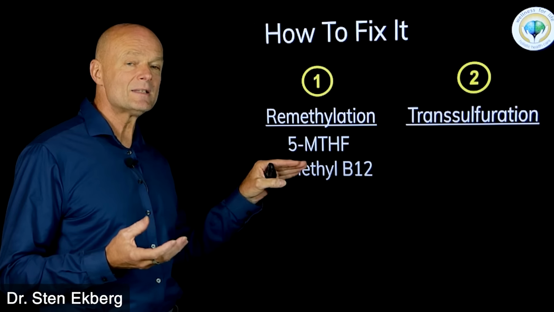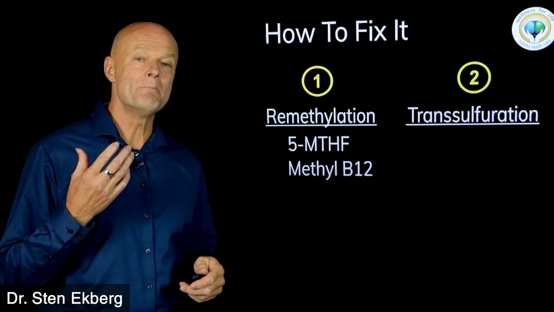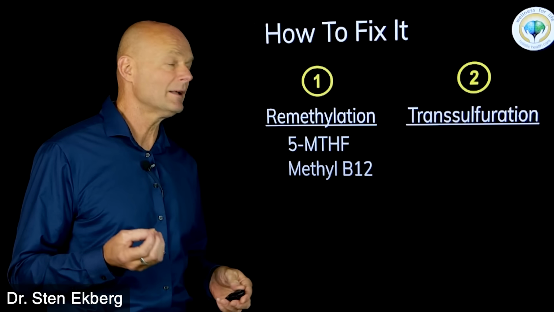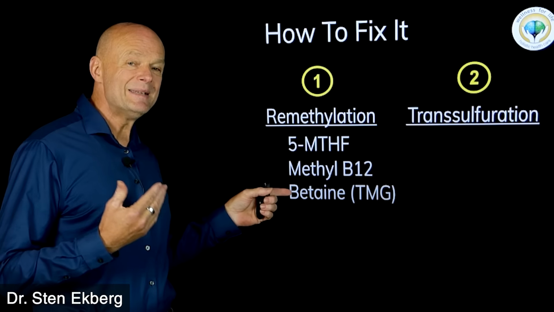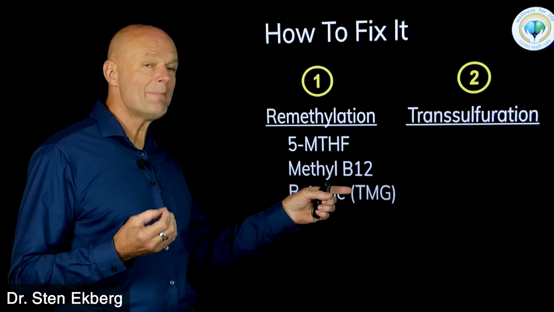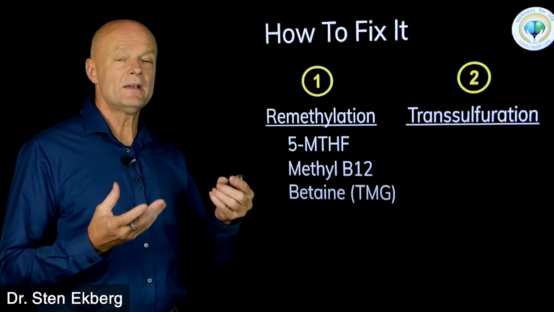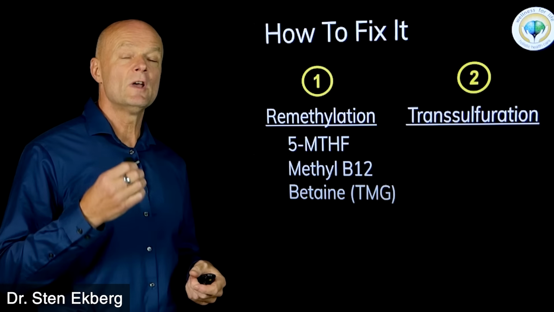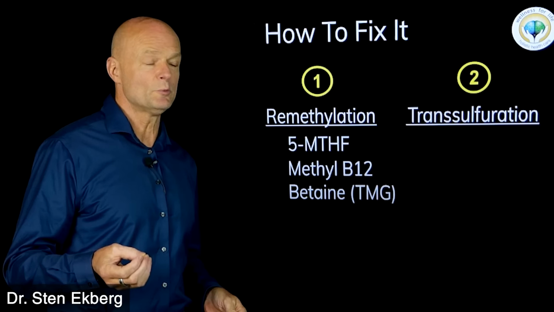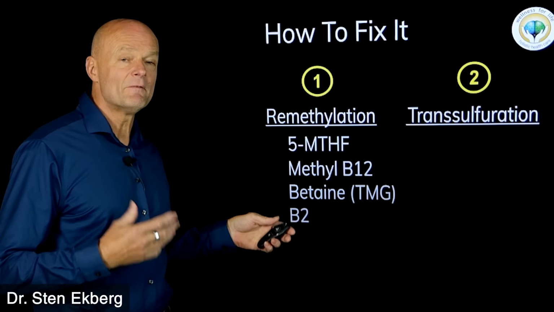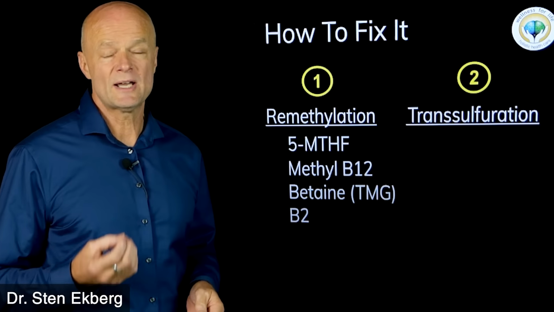The one with the best bioavailability is the methylated methylcobalamin. We also need some betaine, also known as trimethylglycine. And it is the heavy hitter in terms of methylation, of donating methyl groups. And we also need some vitamin B2 or riboflavin.